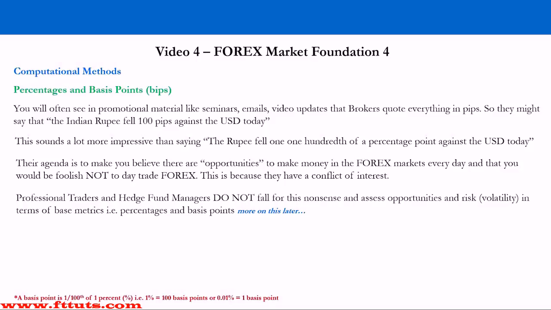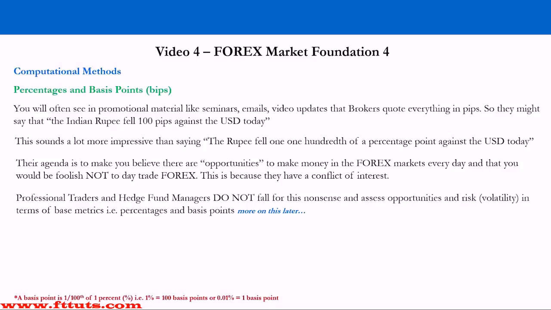You'll often see in the broker's promotional materials, like seminars, emails and video updates, everything quoted in pips. They might say, for example, that the Indian rupee fell 100 pips against the US dollar today. And it obviously sounds a lot more impressive, like a much bigger move than saying the rupee fell 1/100th of a percentage point against the US dollar today.